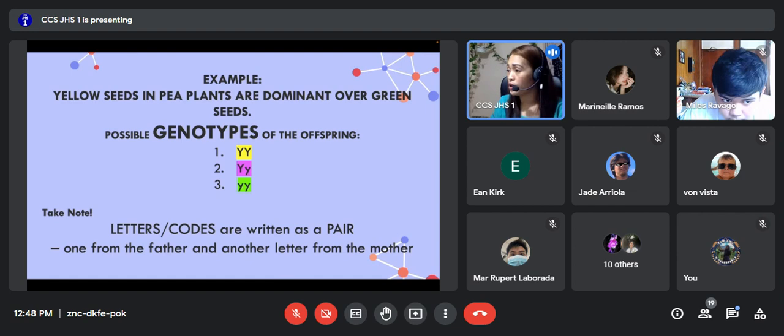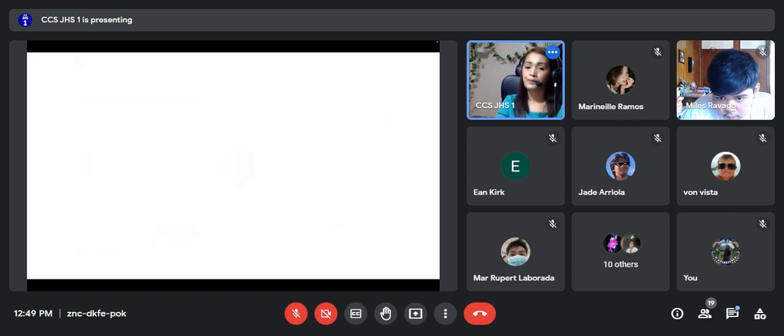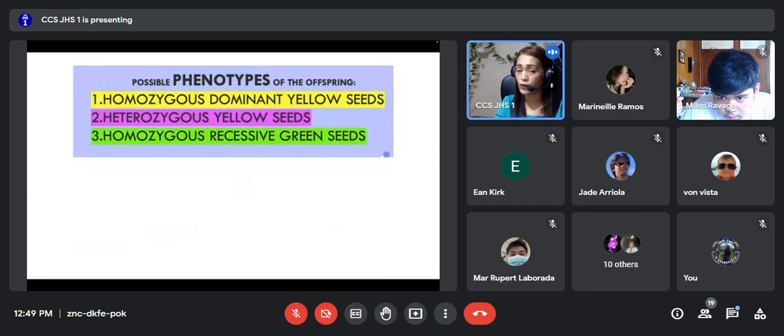Because each letter represents a code or a gene from the parental side or the father side, and the other letter is from the mother side or the maternal side. So when you're asked for a genotype, it is always written as a pair, right? Hopefully that's clear to everyone.